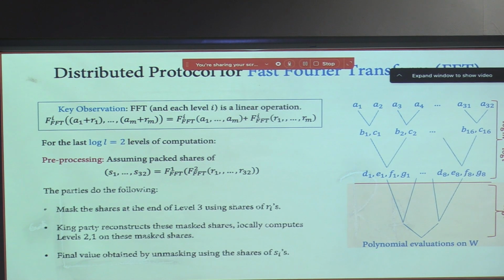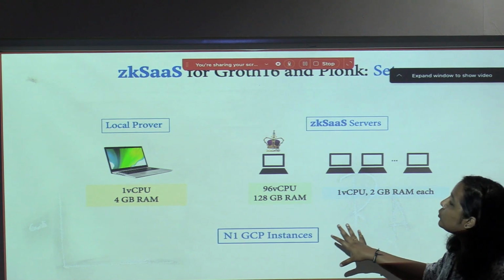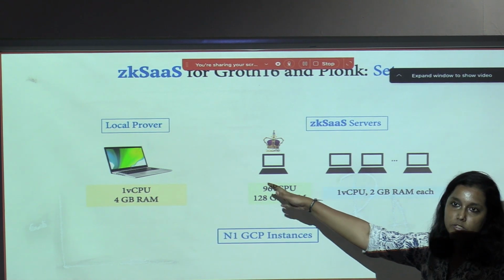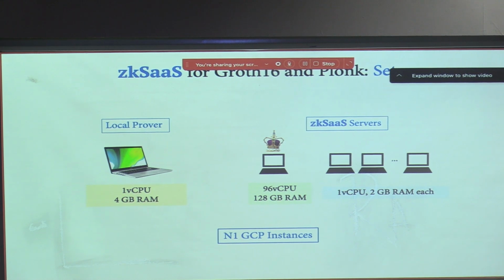Okay, so let me skip this and I'll just end with quickly showing the implementation part. So what is the assumption with which we run? We assume the local prover with which we are comparing is a 4 GB RAM, one virtual CPU. All of them are N1 GCP, Google Cloud Platform, instances. The king server, the one large server, has a larger memory.